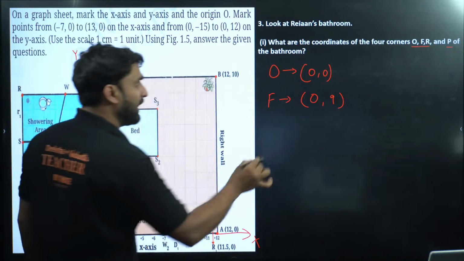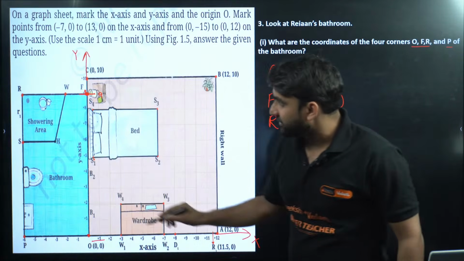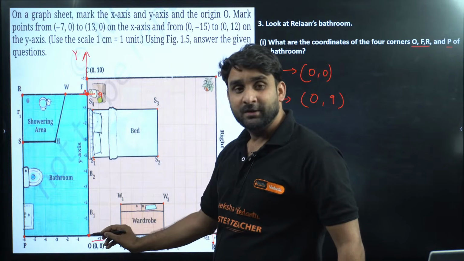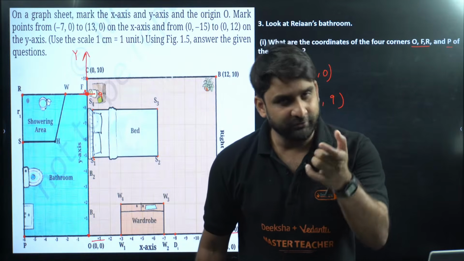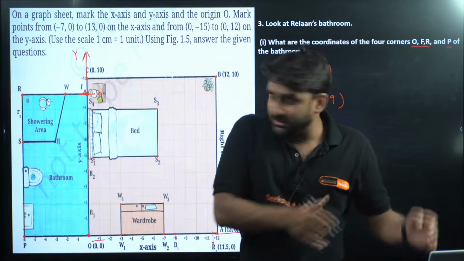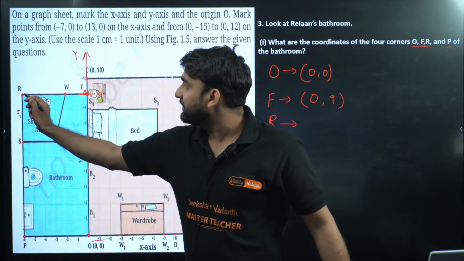Right? Now moving to R. R coordinate, where is R? Look at R. This is R here. And if this is origin, the left side of the origin has all negative values. We all know the x-axis will give you the negative value on the left side of the origin. So from the left side of the origin, this value will be negative.